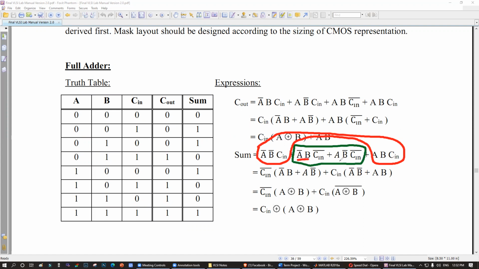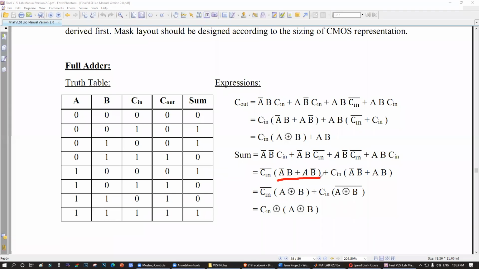What we are left with: A bar B plus AB bar, fine. I'm going to take C in common from these two. What we are left with: A bar B bar and AB, right? Look at this first, then we will go forward. Are you understanding this? Good.